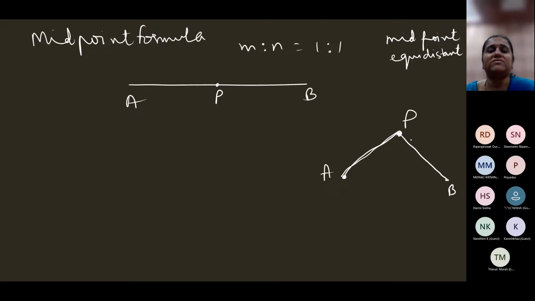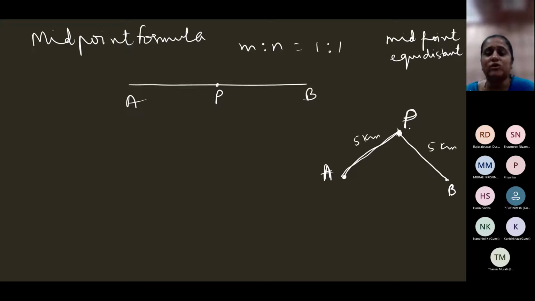Say this is your house, P. This is A, one of your friend's houses, B, another friend's house. So if you walk from your house to your friend's house, PA, say it's 5 kilometers. PB is also 5 kilometers. The distance between your house and the other friend's house is also 5 kilometers.